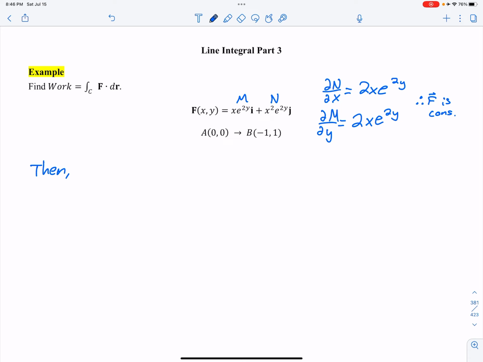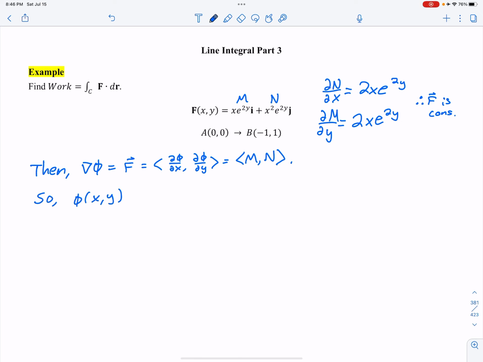The gradient of phi is equal to F, which is equal to the partial of phi with respect to x, partial of phi with respect to y, which is equal to M, N. There we go. That means we can work backwards. So phi of x, y is equal to the integral of the partial of phi with respect to x, dx. Well, that's just M, so I'm going to replace it with M there.